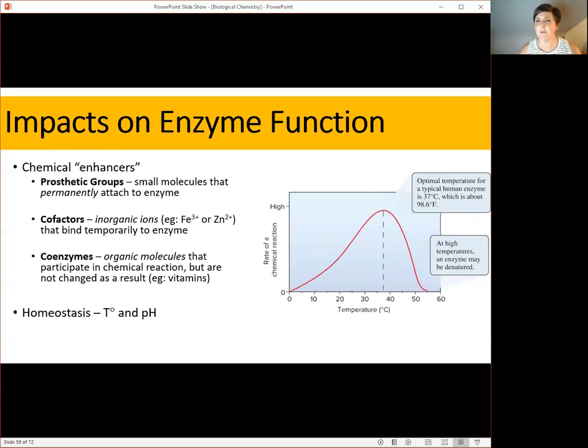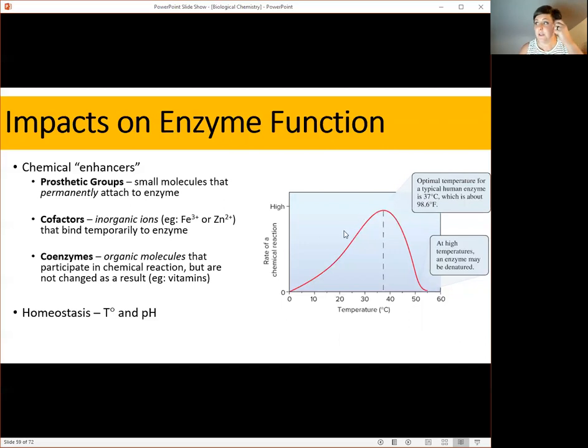And coenzymes are organic molecules that actually participate in a chemical reaction, but are not changed as a result. Regardless of the structure of each of these, they each serve to enhance enzyme function and therefore accelerate the rate of reaction.